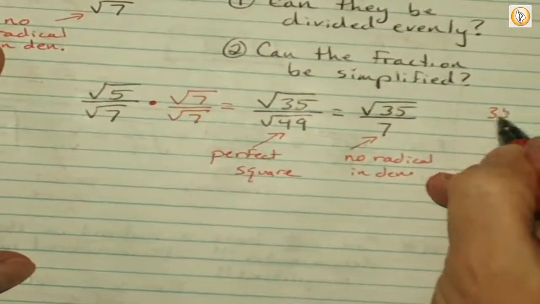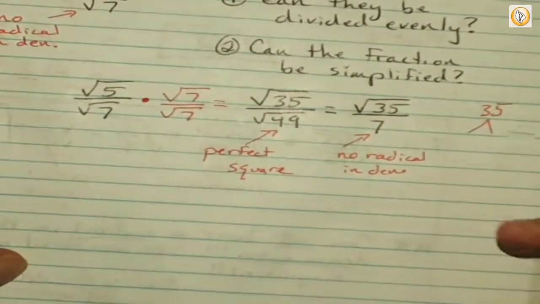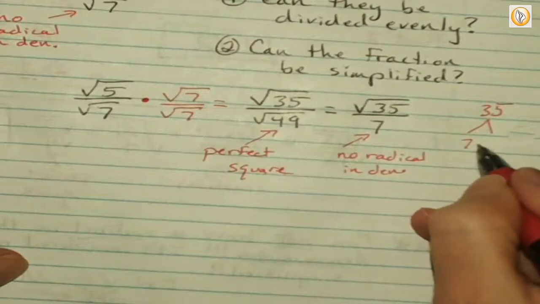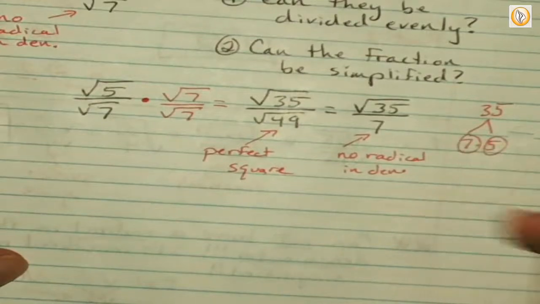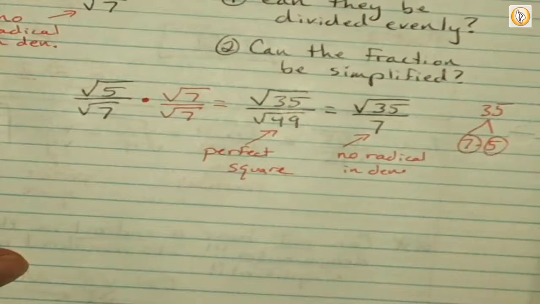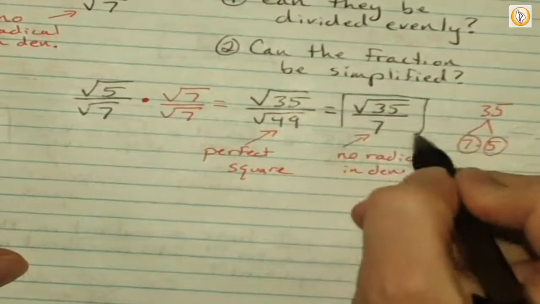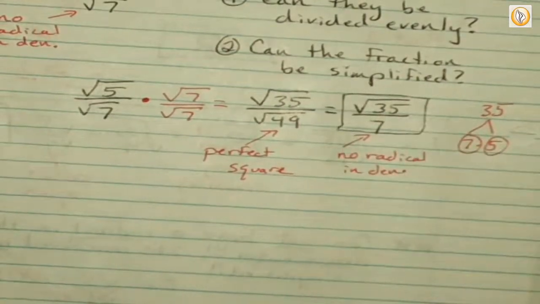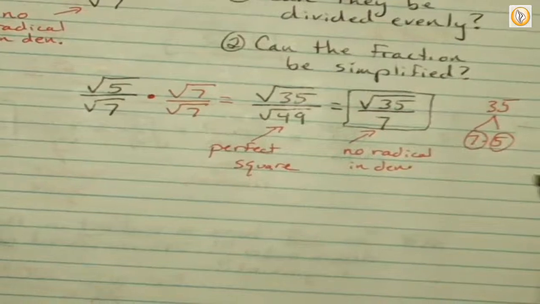So we do our factor tree over here. What two numbers give us 35? 7 and 5. 7 times 5. Do I have any pairs? No. So this is simplified. Make sure you put your factor tree right here in your notes so that it'll go quicker.